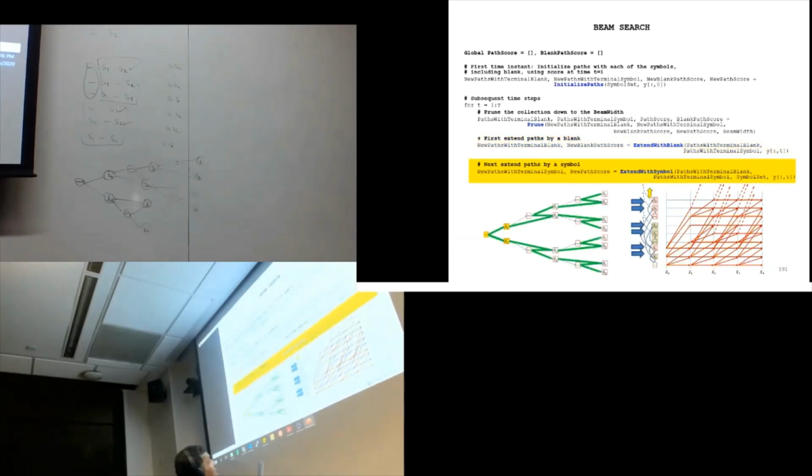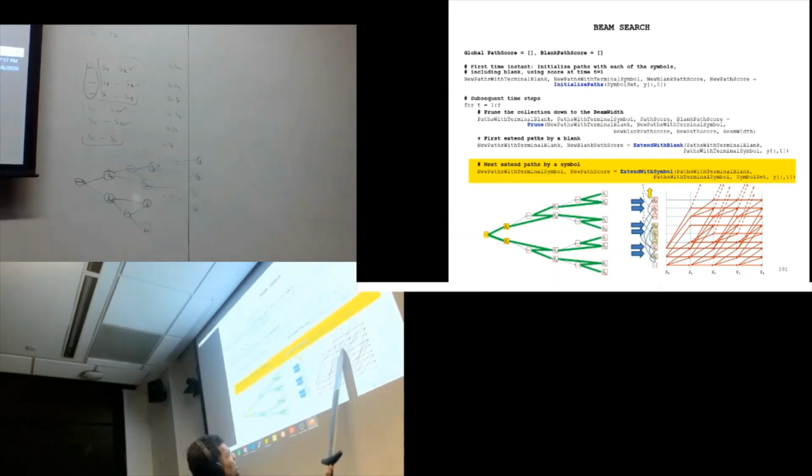Subsequently, you're going to be extending with symbols, which means that you're now going to be extending all paths into nodes that arrive at symbols. So if, say, you're at x3 at time 3, you would be computing this, and computing the sum score over here. So you'll also be computing this, and this, and this, and computing the sum score here.